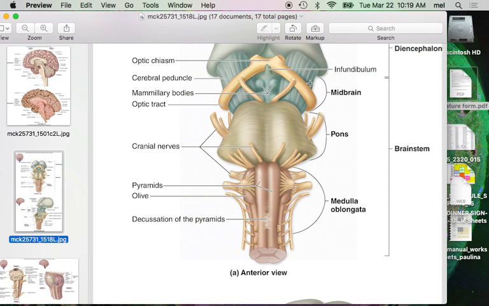And then the cerebral peduncles, right here, you can look at them and it kind of looks like they would be mostly white matter tracts. And that's true, they are mostly white matter tracts. So what they are doing is mostly carrying motor information, for instance, from the parts of the cerebral cortex that are doing motor information, like the precentral gyrus, right?